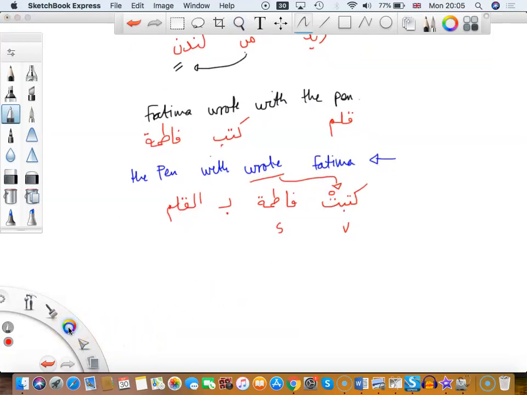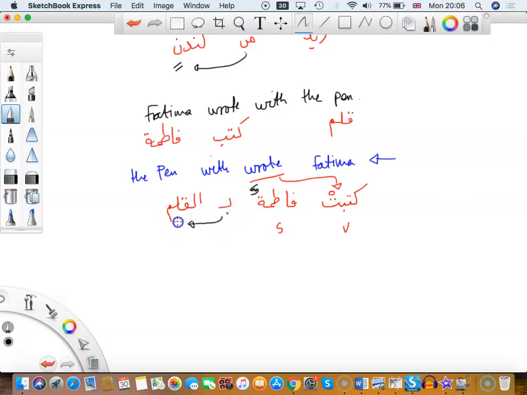Yeah? Okay, let's put the vowels on now. So what vowel are we going to give to Fatima? Subject, isn't it? So what are we going to give it? Double dhamma. Shabash, very good. Okay, and bil qalam. Now you see, normally qalam would have been the object, and we would have given the object fatha, but because the ba is there, it overrides.